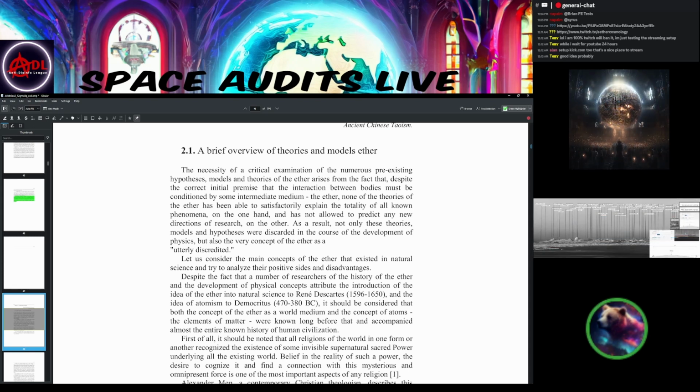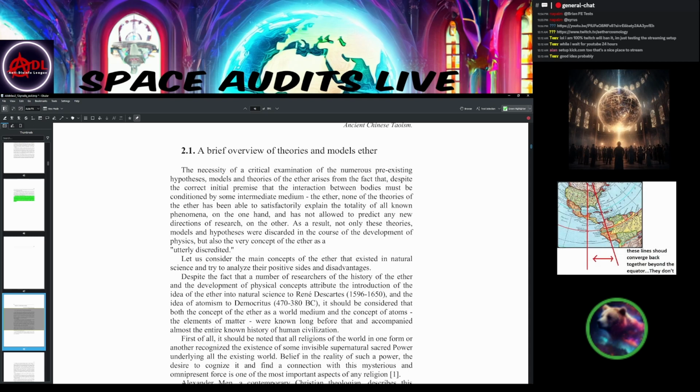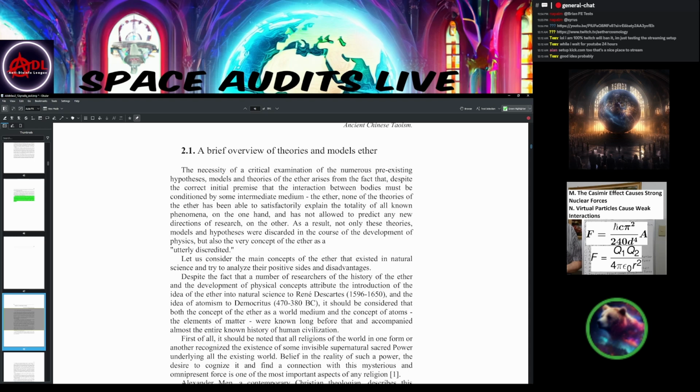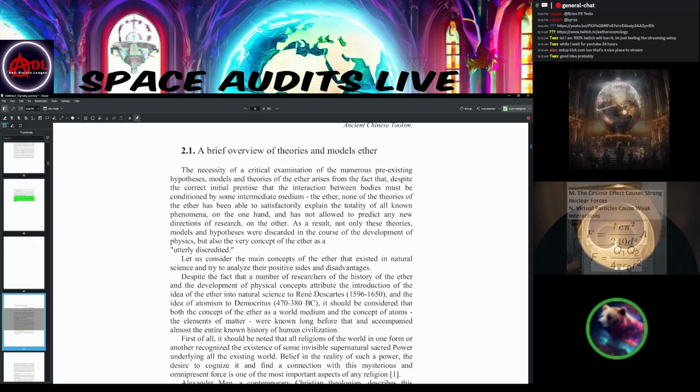The necessity of a critical examination of the numerous pre-existing hypotheses, models, and theories of the ether arises from the fact that despite the correct initial premise that the interaction between bodies must be conditioned by some immediate medium, the ether, none of these theories of the ether have been able to satisfactorily explain the totality of all known phenomena. On the other hand, they have not allowed prediction of any new directions of research.